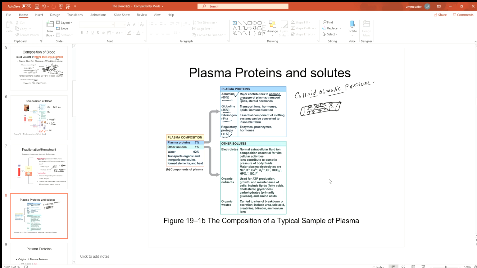Through the wall, some liquid, fluid, or water will come out from the capillaries or blood vessels. Makes sense, right? If pressure increases towards the wall, instead of going this way, more this way. So that will cause edema, accumulation of fluid in the tissue.